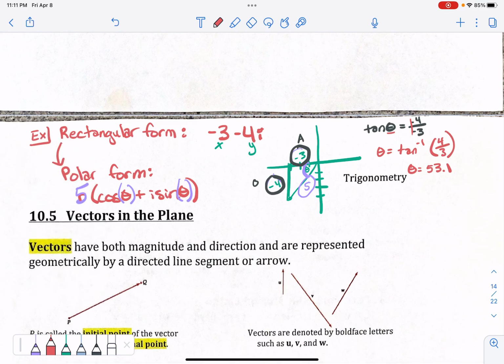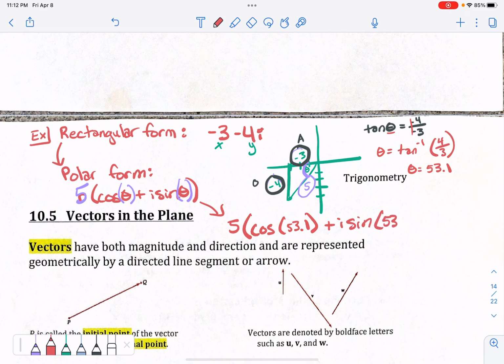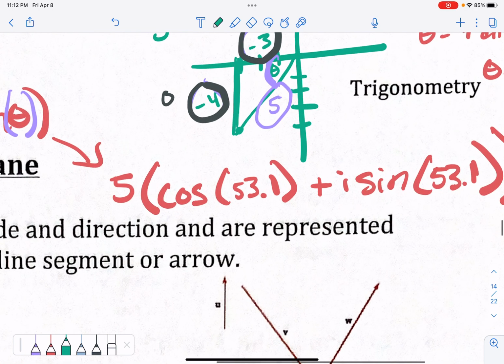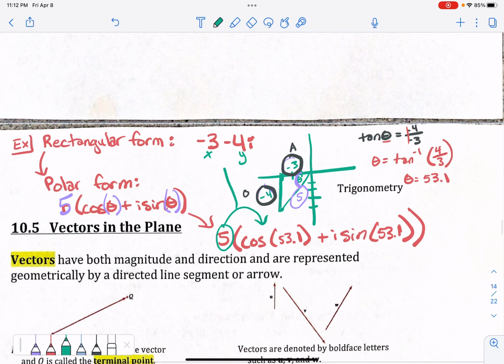So I'm going to write this because I didn't leave very much room. 5 times cosine of 53.1 plus i times sine of 53.1. Now, the other day I told you that a way that you can check your answer is you can take 5 and multiply that by cosine of 53.1, and you should get something close to -3.